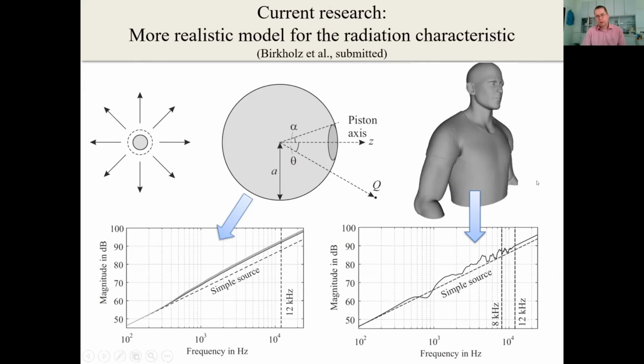And when we look at a realistic radiation, then we see it's actually much more complicated than the piston in the sphere. We have the solid line here in the right bottom picture, which has dips and maxima and minima, and they come mostly from the reflections from the torso. So this is a quite complicated pattern.